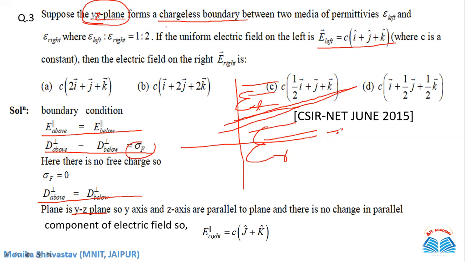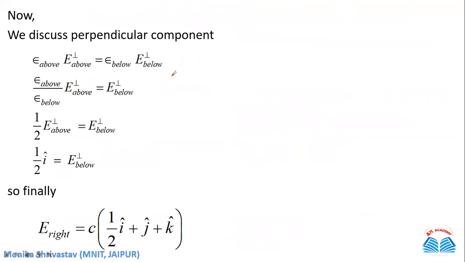This is our Z, this is our Y. So the Y and Z axes are parallel to the plane. If the Y and Z axes are parallel, then we can keep the j cap and k cap the same. Just the X axis values will change, not Y and Z. Now we discuss the perpendicular component: epsilon E perpendicular above equals epsilon E perpendicular below.